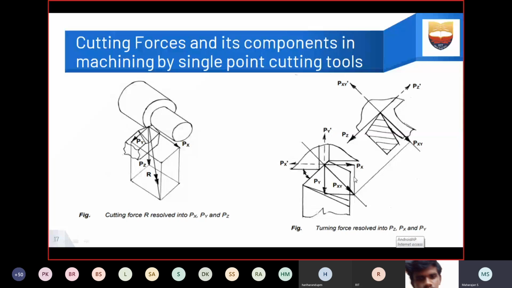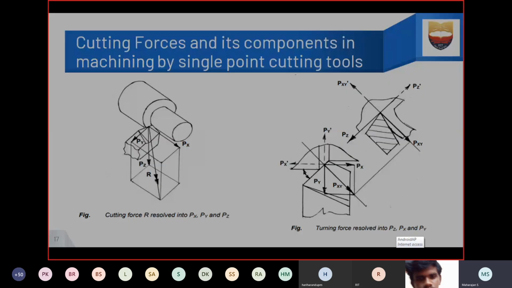In this diagram, we can see PX and PY. By resolving the forces PX and PY, we get PXY, and we have PZ, the cutting force, acting in this direction. So this is what we do for the cutting force on a single point cutting tool.